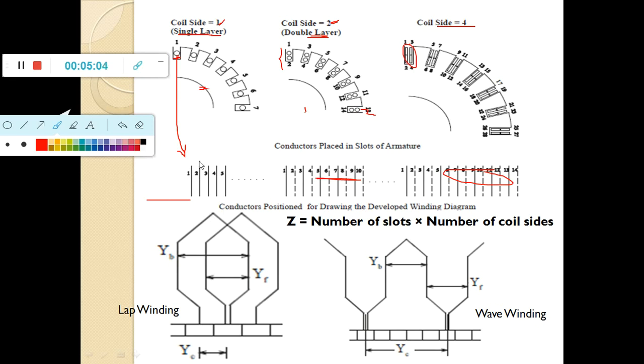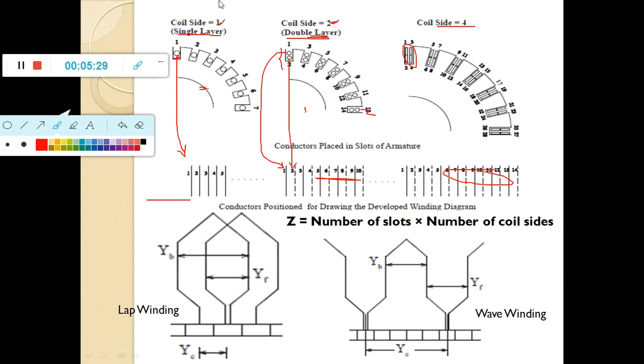Let us discuss the double layer. In this double layer, there are two conductors. Conductor 1 is visible and conductor 2 is invisible. The visible conductor, as I already said, is represented by a continuous line, but conductor 2, being invisible, is represented by a dashed or dotted line.